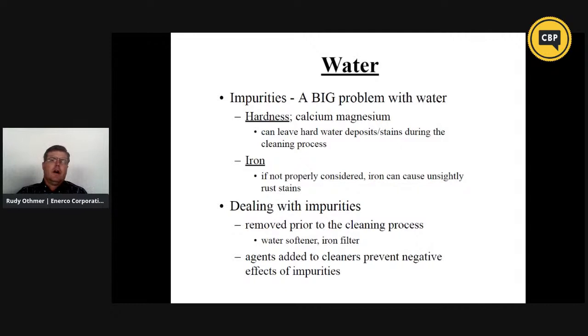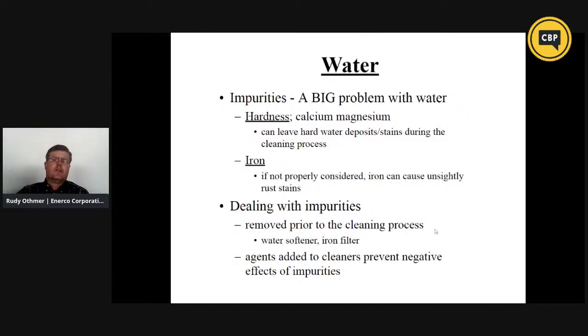However, the calcium, the impurities that come with your water are actually beneficial in your brew. And so you have to balance your cleaning procedure, the chemicals that you're using, with any pre-treatment that you do.